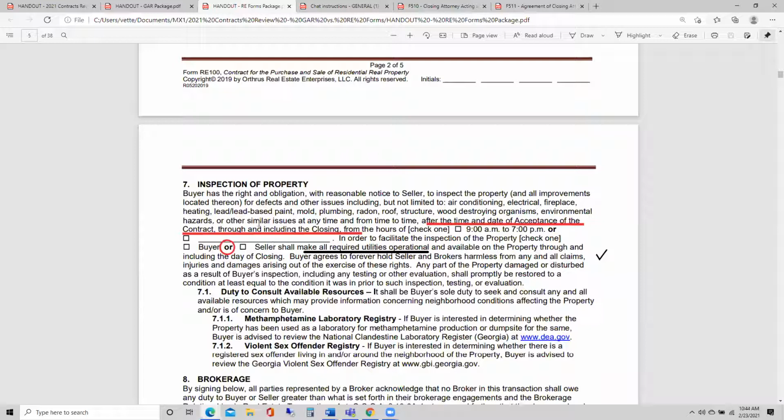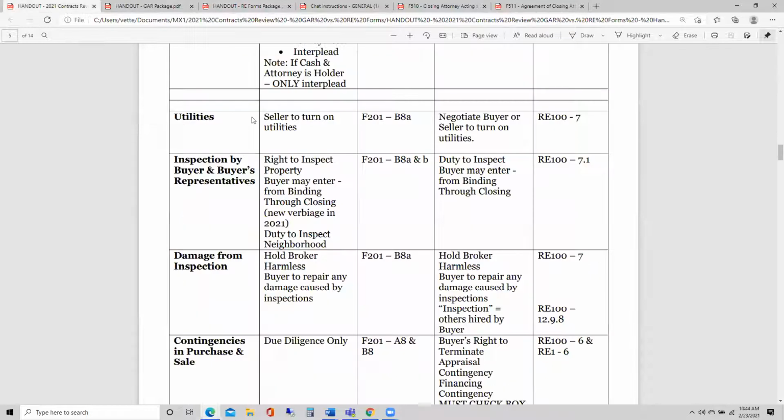So the parties get to negotiate. Generally speaking, it's the seller, but sometimes there is a vacant house with utilities not on, and the buyer is like, you know what, I'll pay to turn the utilities on so I can have my inspections and appraisal done. I'm not going to wait on the seller to get around to it.